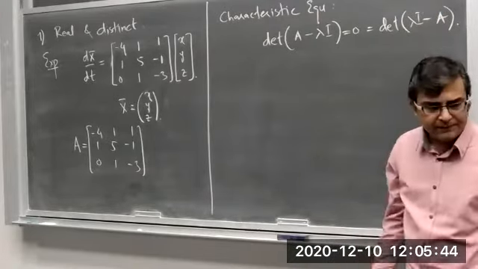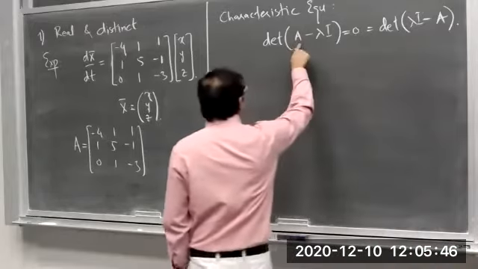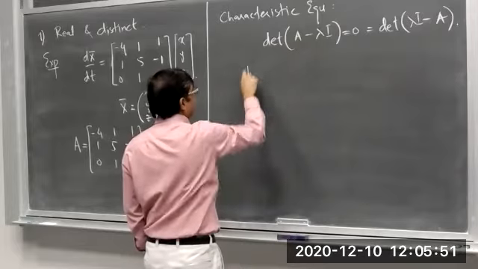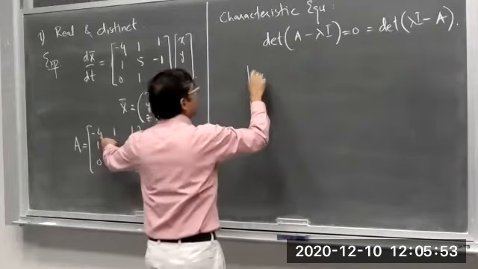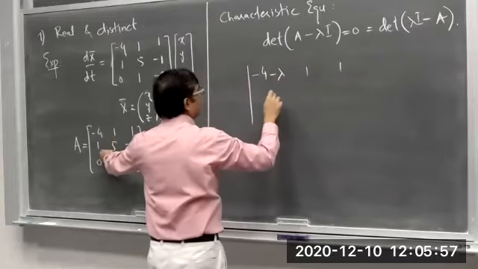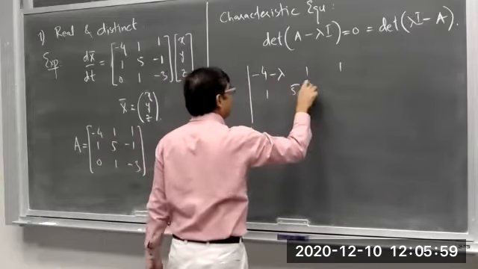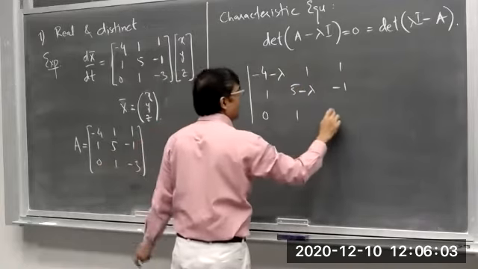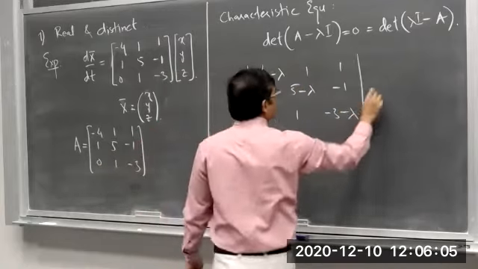Both are correct. Now we put the values of A and I, and we get the determinant of the matrix with rows (-4 minus lambda, 1, 1), (1, 5 minus lambda, -1), (0, 1, -3 minus lambda) equal to 0.